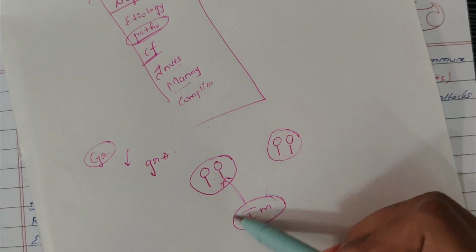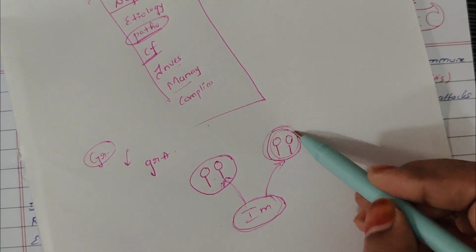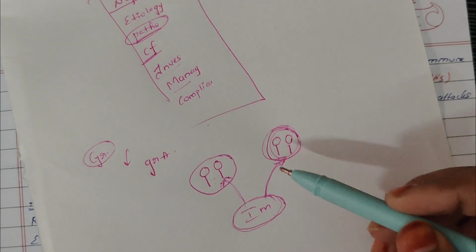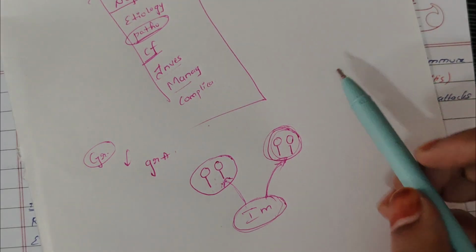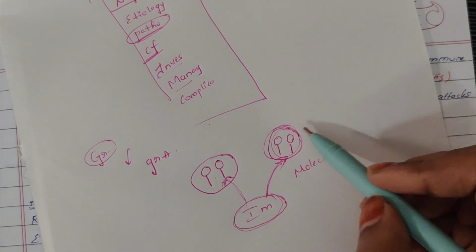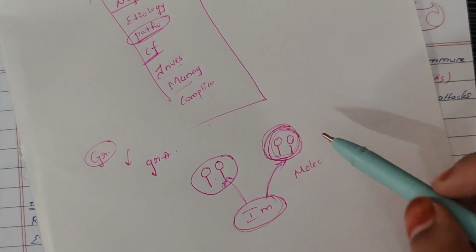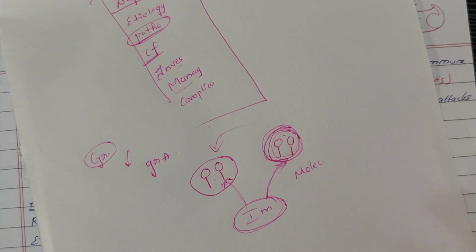Our immune system sees them as foreign bodies and starts attacking our own heart cells, thus resulting in rheumatic heart disease. Okay, so this is called molecular mimicry. Our body molecules are mimicking something else, like the streptococcal antigen. This is called molecular mimicry.